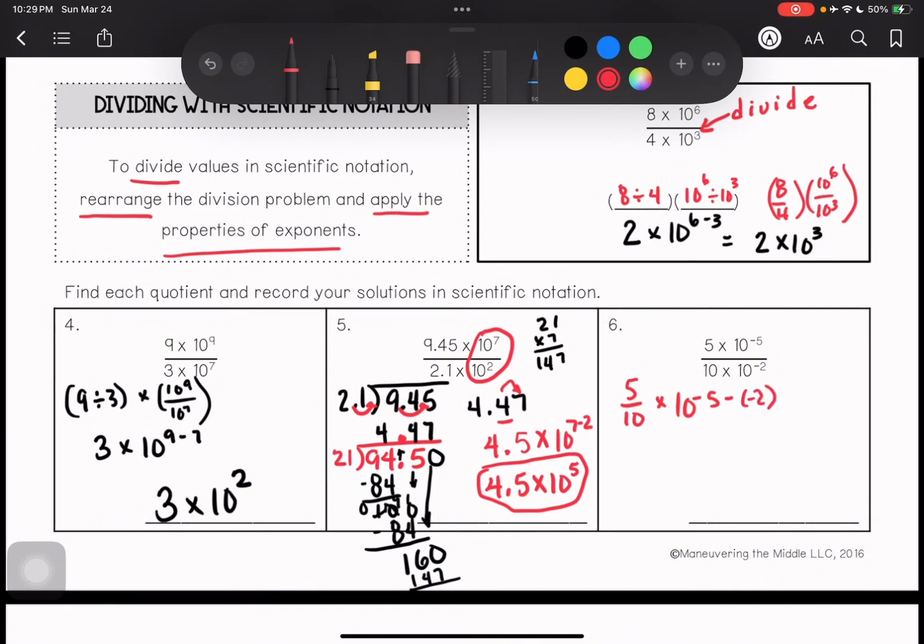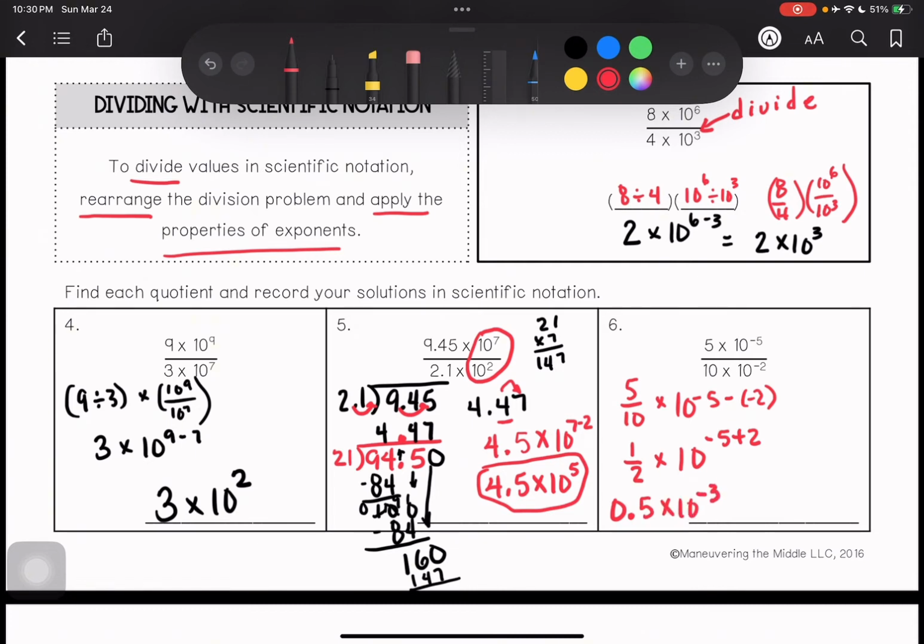Because when you divide with the same base, you subtract the exponents. 5 divided by 10 is 1/2 times 10 to the negative 5 plus 2. A negative 5 plus 2 is a negative 3. So this is 1/2. Another way of writing 1/2 is 0.5 times 10 to the negative 3.